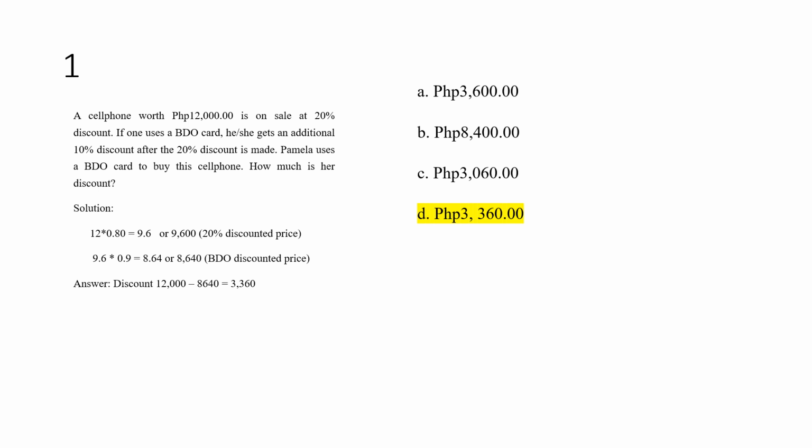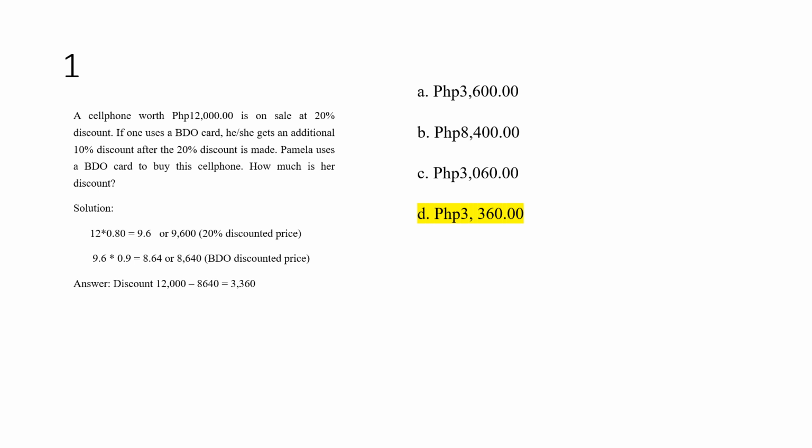We're dropping off the 3 zeros, so we're computing with the knowledge that we will have to attach the 3 zeros, or the thousands place, for the final value. So at 9.6, the 20% discounted price, we will have to impose the 10% BDO discount.